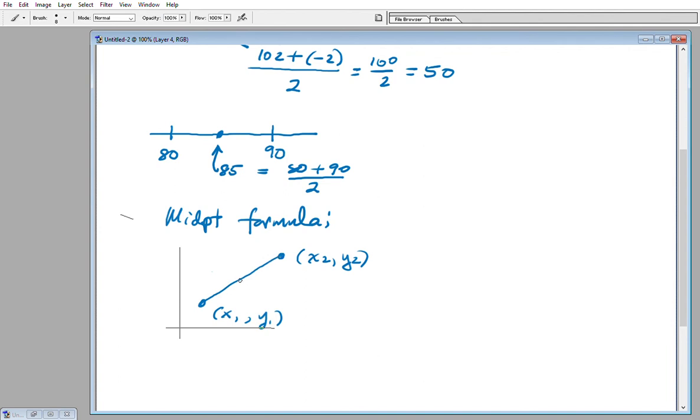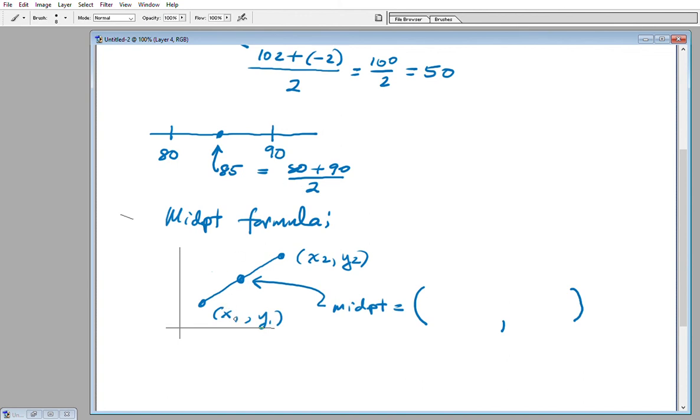We're looking for this point in the middle. It's a point, so draw open and close parenthesis, and we're just going to do averaging again.